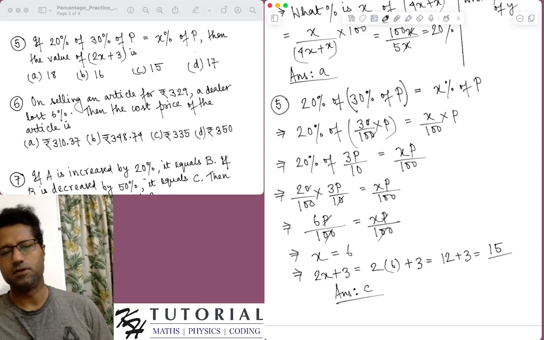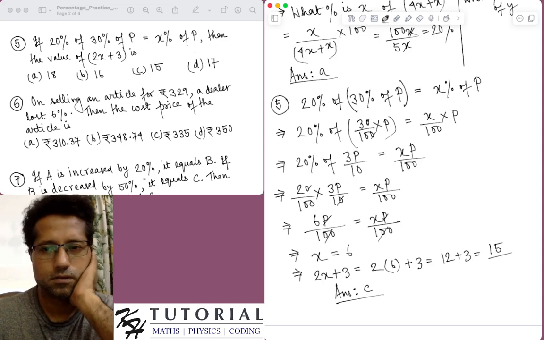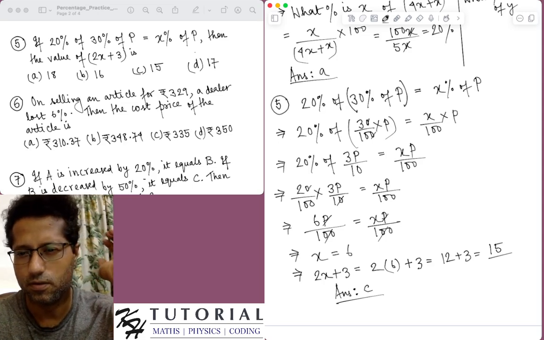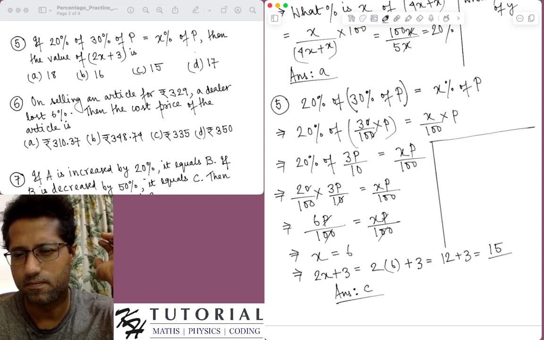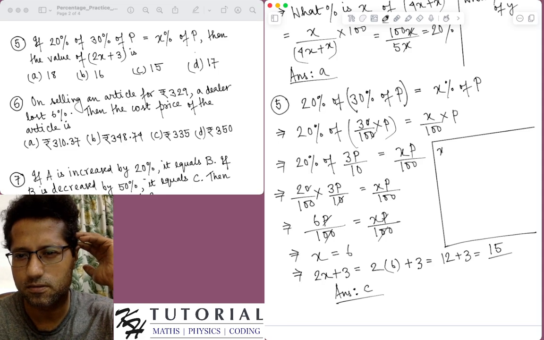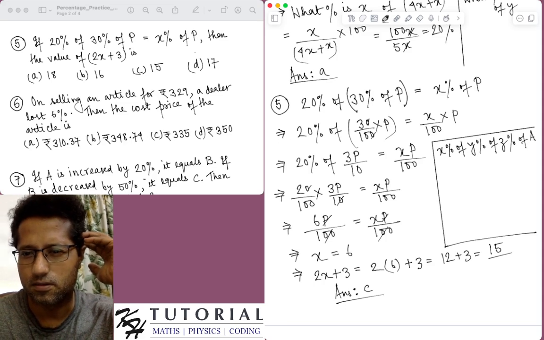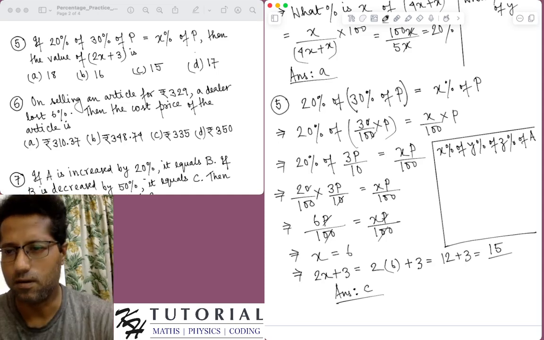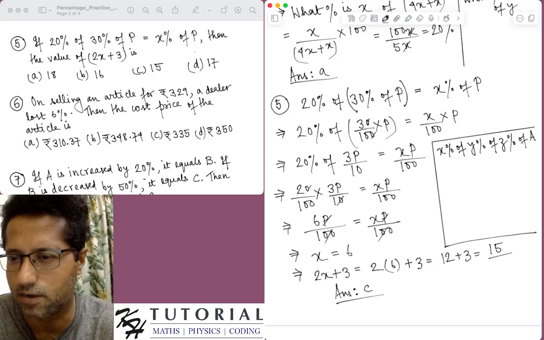Whenever you have this kind of expression with multiple chaining of percentages, like 20% of another percentage of something, you always work from the right hand side. As a side note, if we have something like x percent of y percent of z percent of, let's say, a, you calculate the percentages from the right hand side using some grouping symbol.